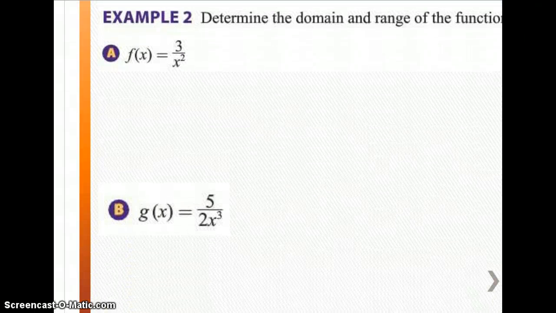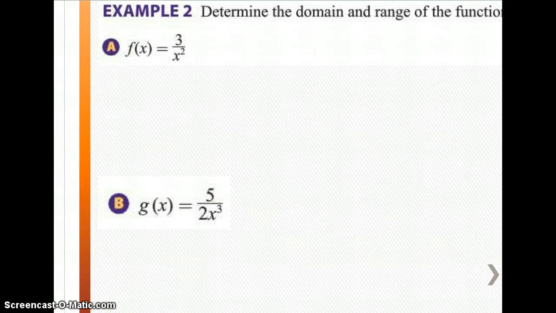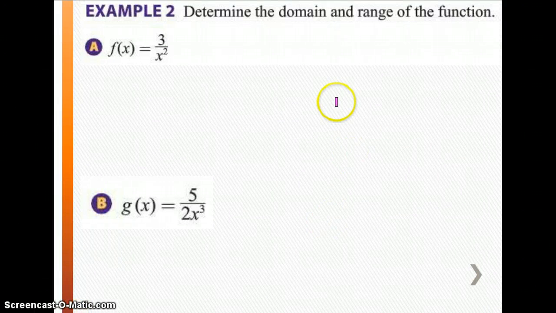Okay, so what we want to do is determine the domain and range of a function. If I have this function 3 over x squared, we know that x cannot equal 0, because if it does, we're left with 0 in the denominator.